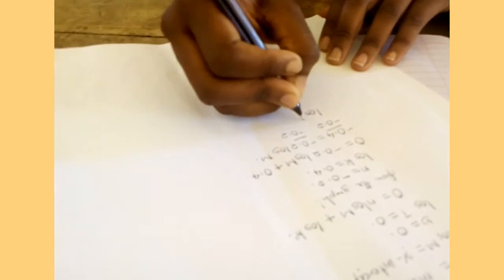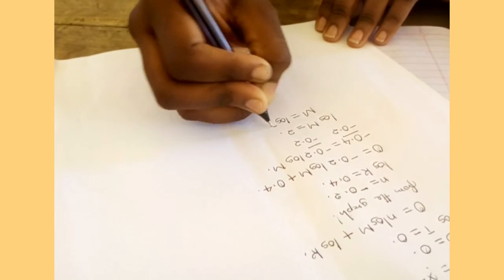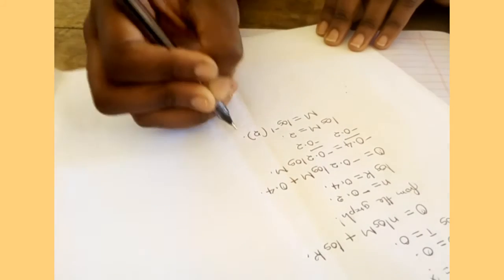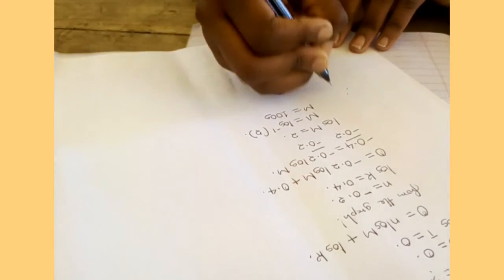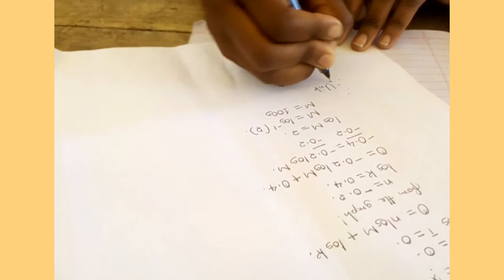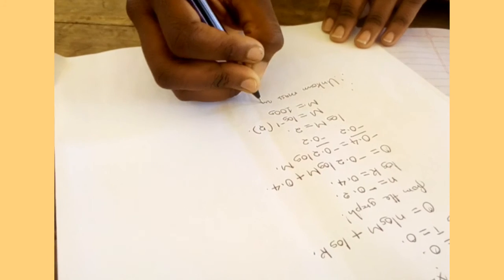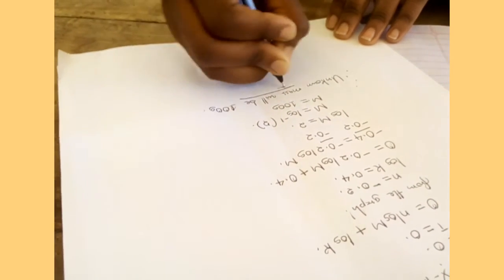So log m is equal to 2. So m is equal to log inverse of 2, which is equal to 100 grams. So our unknown mass will be 100 grams.